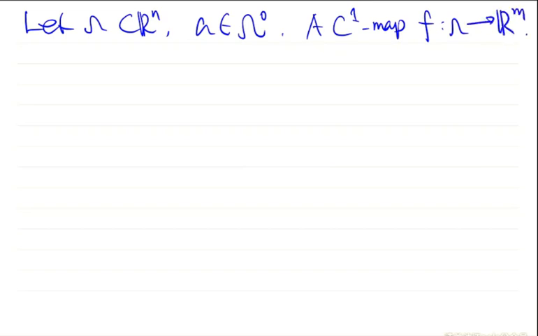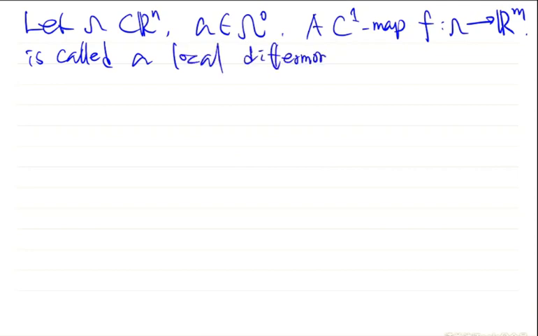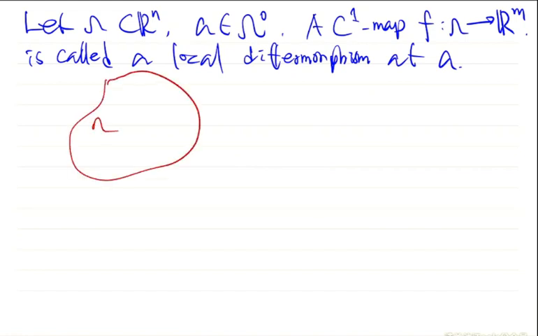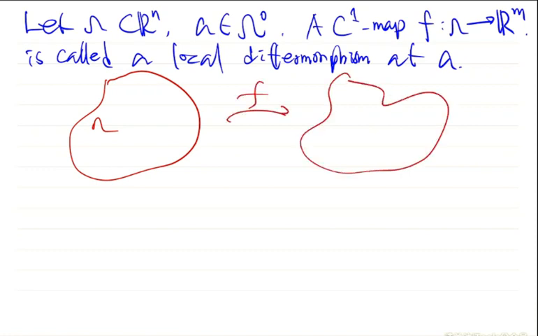It is possible to map into another Euclidean space with different dimension m. This map is called a local diffeomorphism at A. What does this mean? So this is omega. This is a map F, quite crazy. And A is a point here. And the image of F at A is B here.